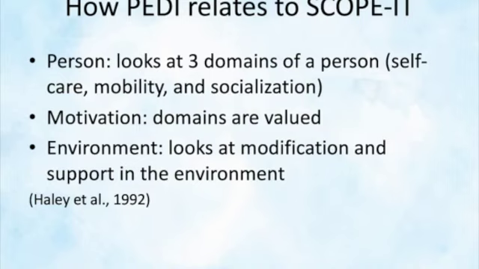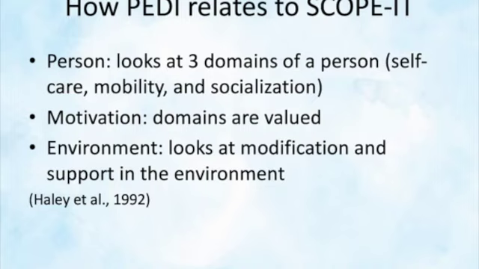All people have some level of self-care, mobility, and socialization in their life, and so these are most likely valuable to the person. So it helps to measure their psychological component mentioned in the picture of the Scope It. It also addresses the physical component of a person by looking at to what degree their body structures and functions allow them to complete tasks.